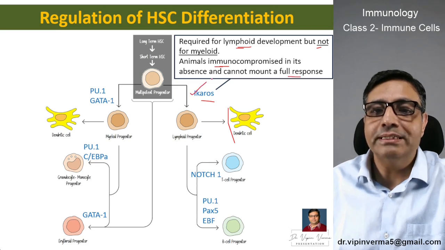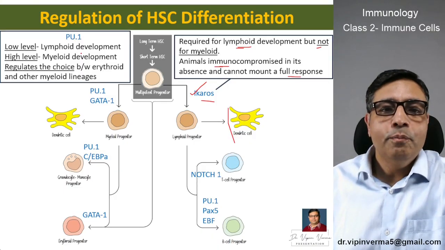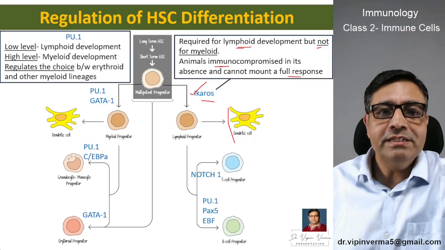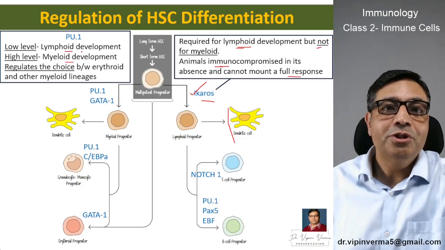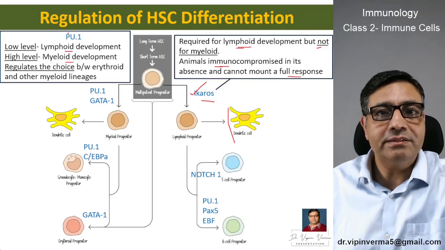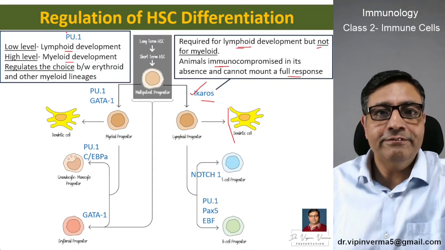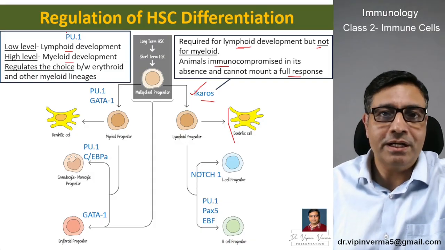So you can see how important Ikaros is. Then PU.1: low levels cause lymphoid development and high levels cause myeloid development. So it is not only the absence or the presence of a transcription factor, but their concentration also drives the cells to a specific pathway.